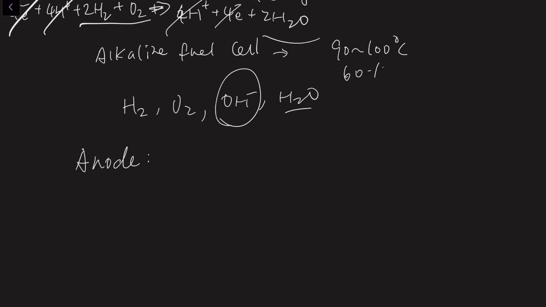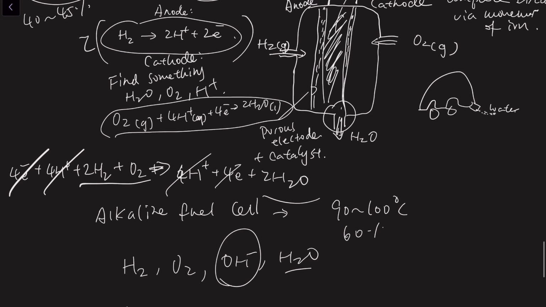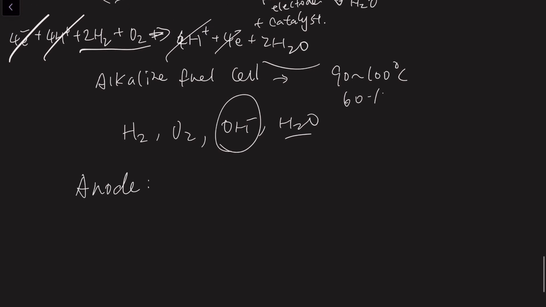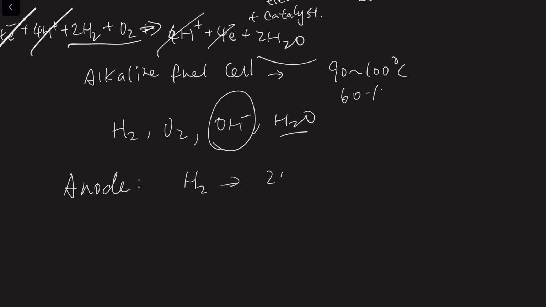You basically do everything as usual, as if you are in the acidic environment. But in the last step, you add the OH minus ion to cancel out the H plus ion, because the hydroxide ion and the H plus ion form water when they meet together. So we know from the previous question that the anode reaction is H2 goes to 2H plus plus 2 electrons.